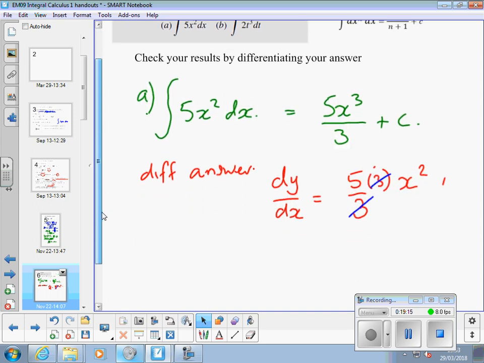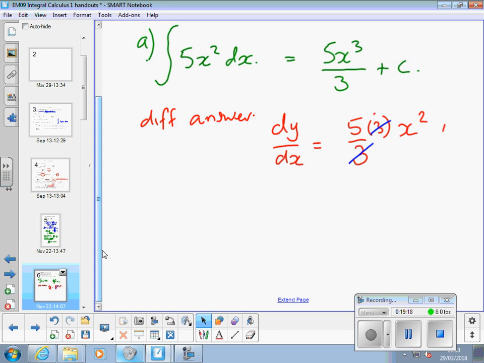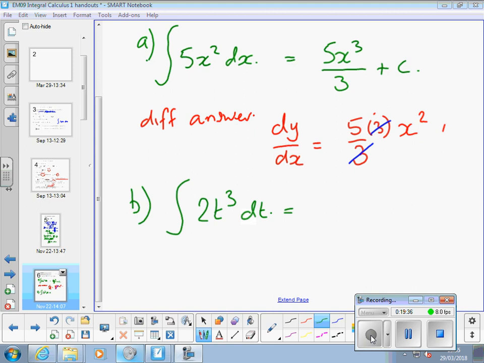Integral of 2 times t to the power 3 dt. Equals 2 t to the 4 over 4, plus c.